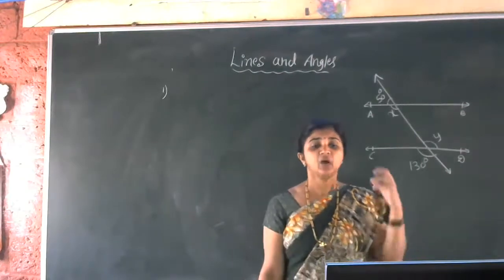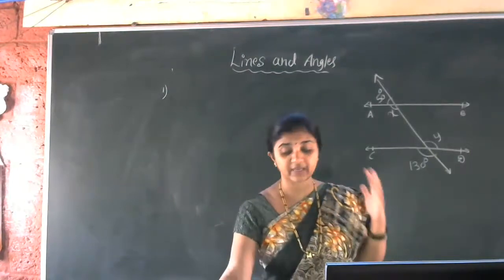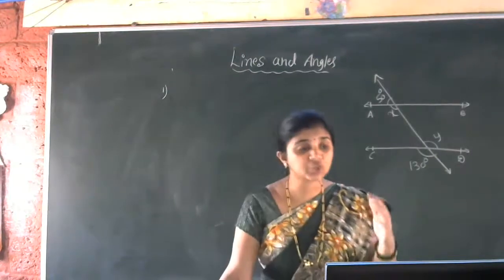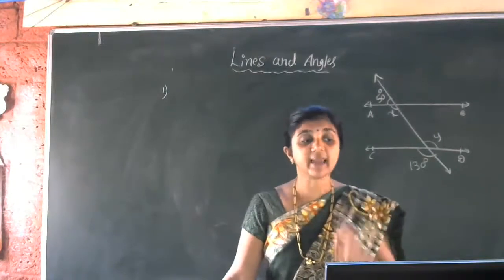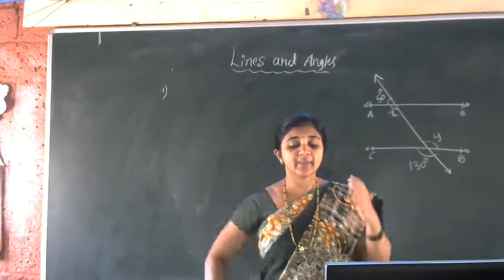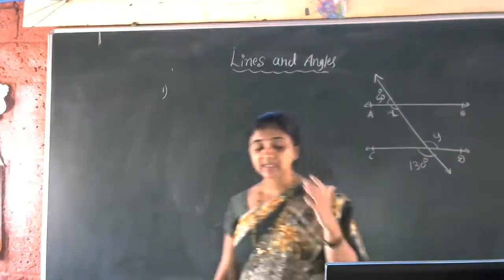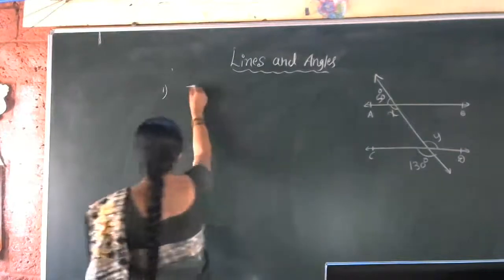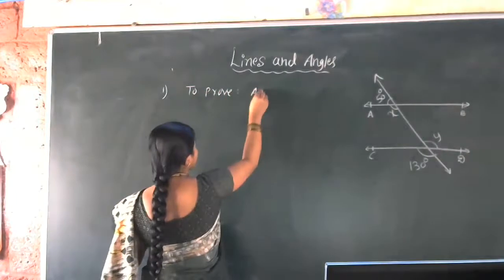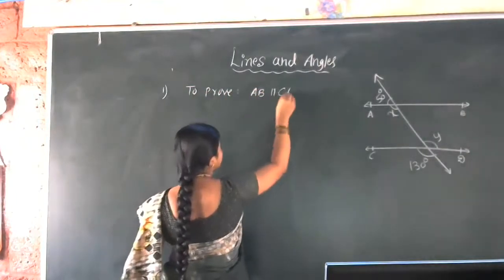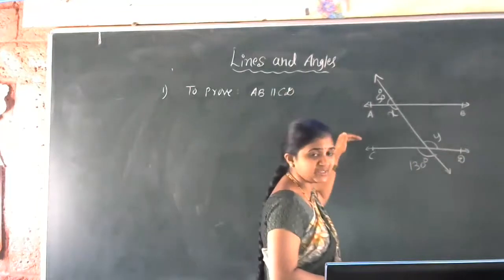We have to find the values of x and y, and then, after finding x and y, we have to show that the AB line is parallel to the CD line. To prove: AB is parallel to CD.